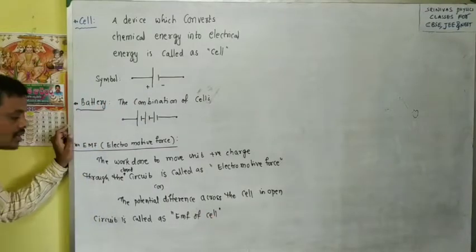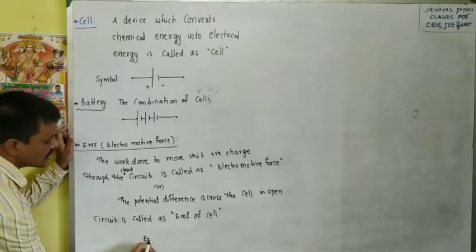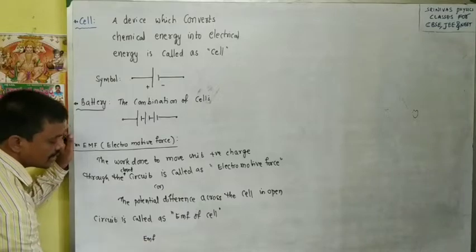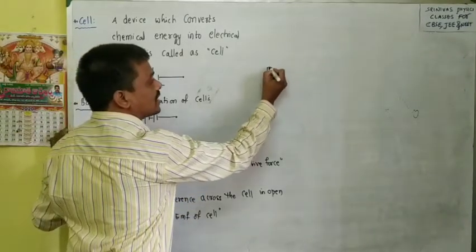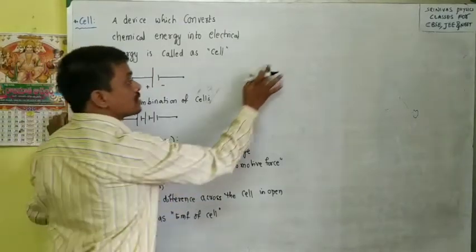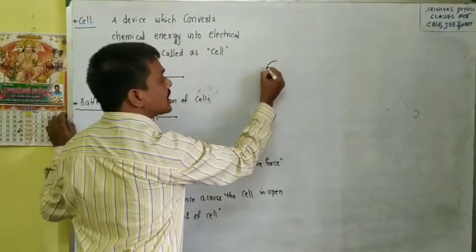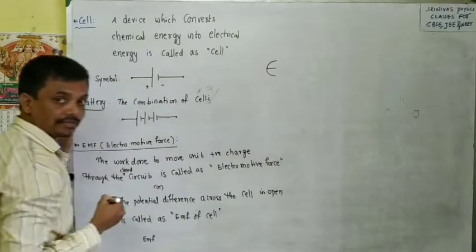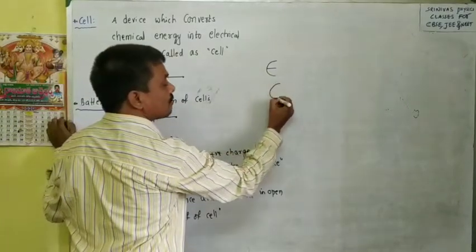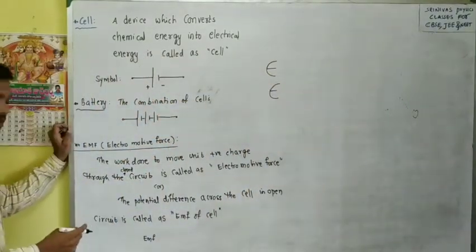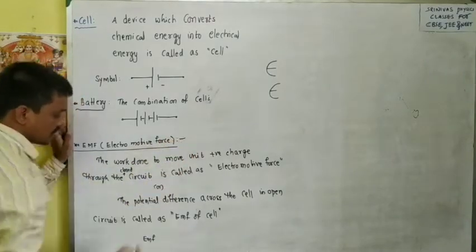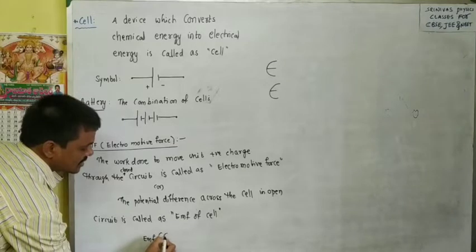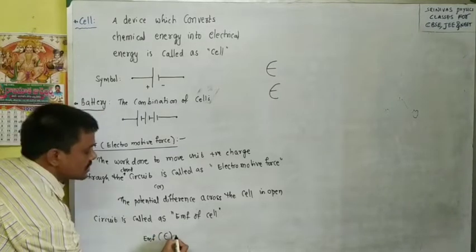That means EMF is denoted with E, just like this. But actually E we wrote for electric field intensity. You must remember this is epsilon, just like epsilon we will write. Okay, this is the symbol of EMF. This EMF is equal to what?